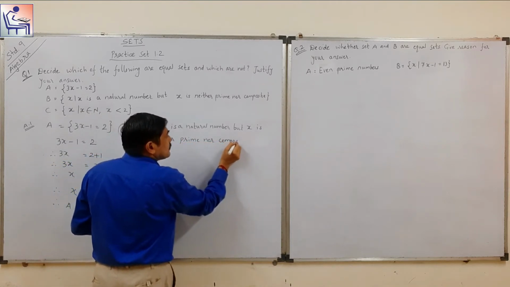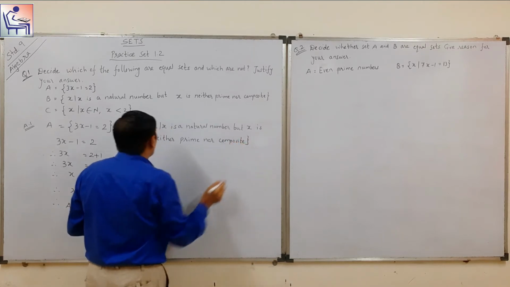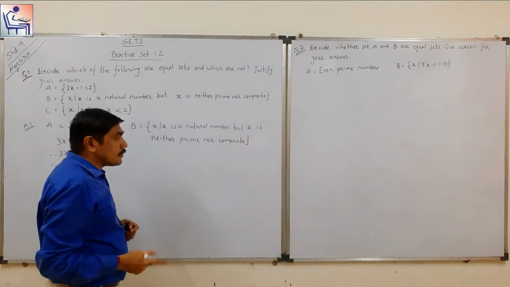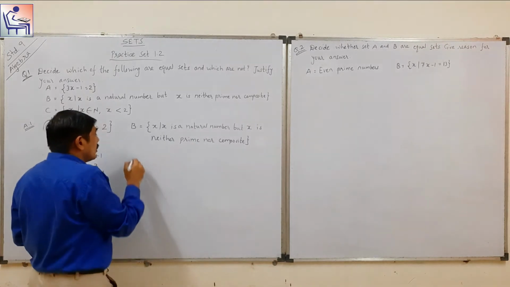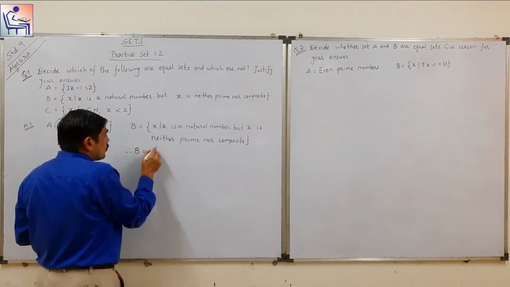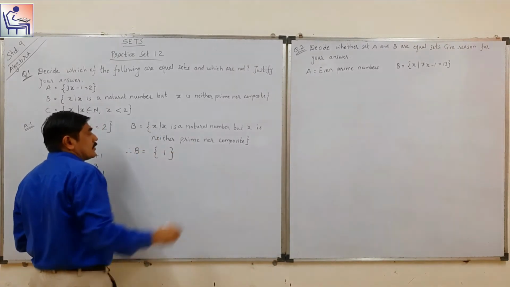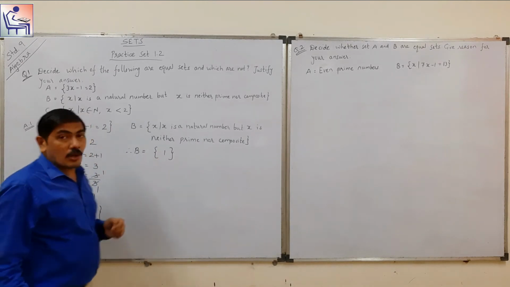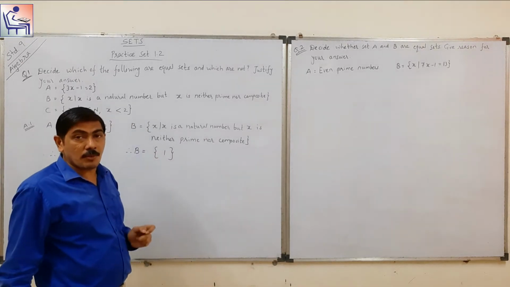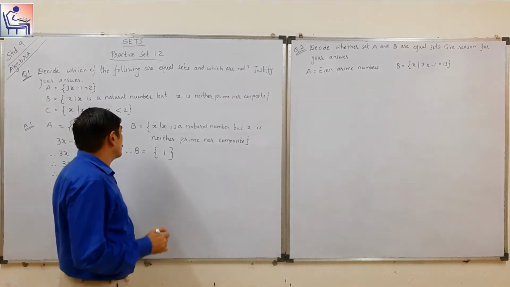Please remember there is only one number which is neither prime nor composite, and that is only 1. So 1 is the number which is neither a prime number nor composite.